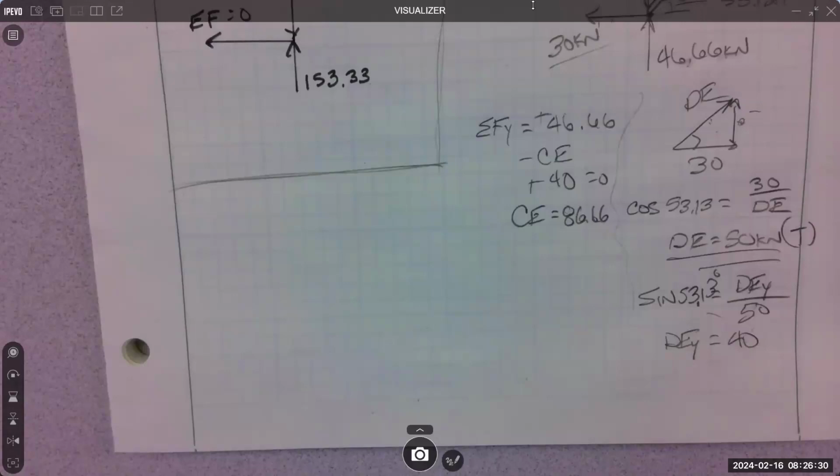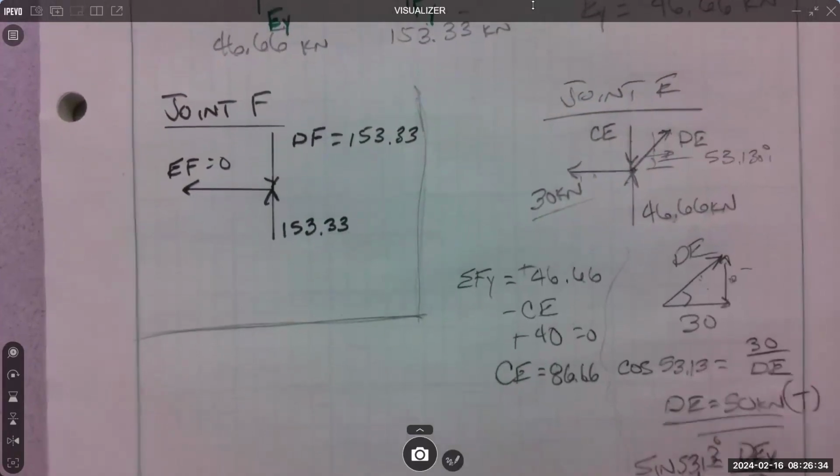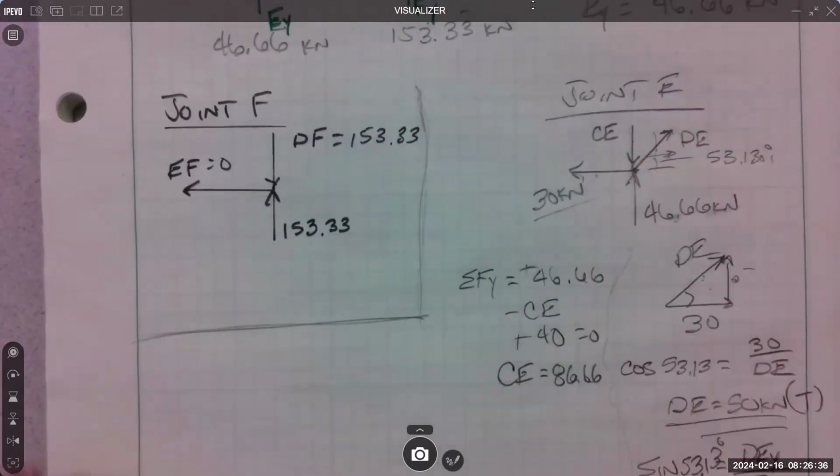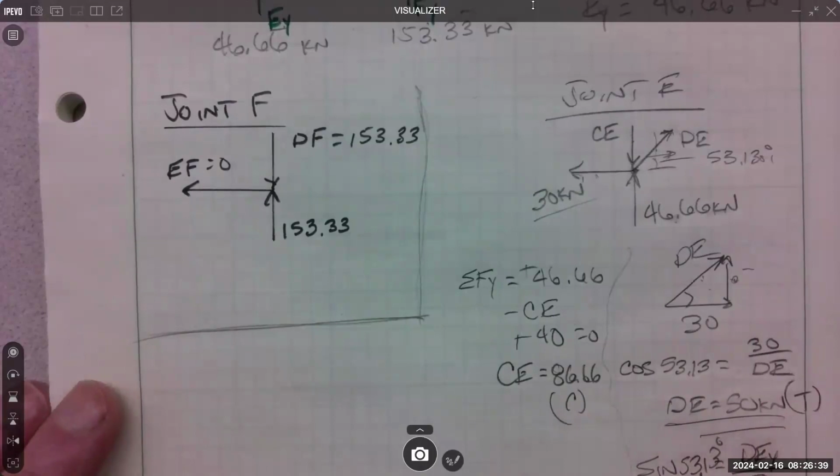Compression or tension on CE? We get that from this little diagram. It's pointing in, so it's in compression.